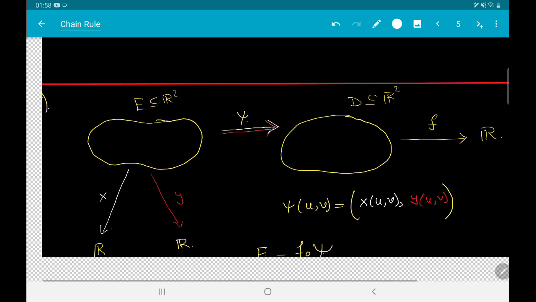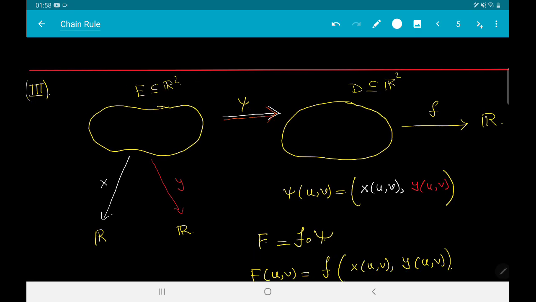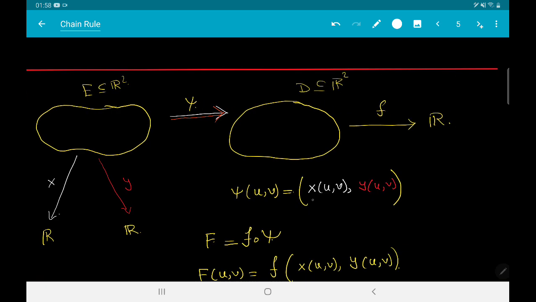Finally, the third case: we have E as a subset of R². So we have two maps again, two real valued functions, one which I call x and one which I have called y. Similarly, I can construct a psi, which is given by psi of (u, v) as (x(u, v), y(u, v)). I have a function f, and I take u₀, v₀ here, and I am given the point x₀, y₀.